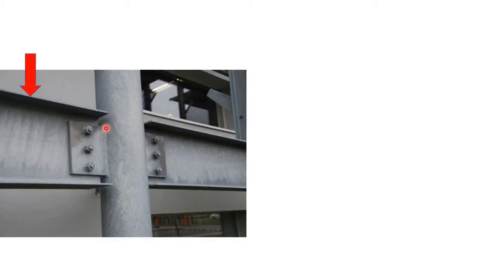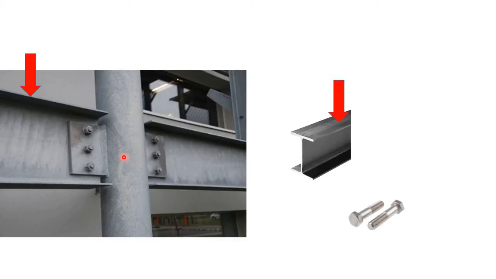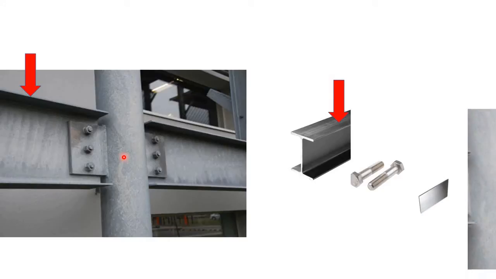How is this load going to be transferred from this point to this column? At the very first, this load comes to the beam. Agree? Then it goes to the bolt, then from this bolt to the plate, and finally from the plate to the column through this weld.